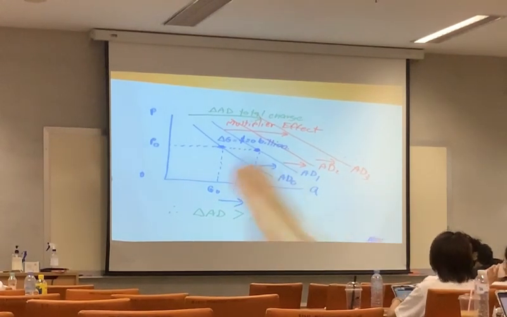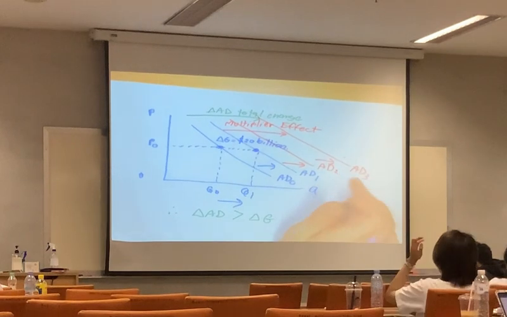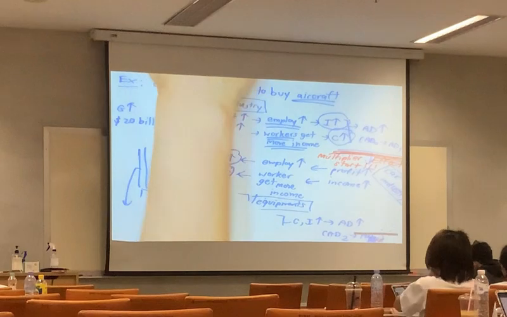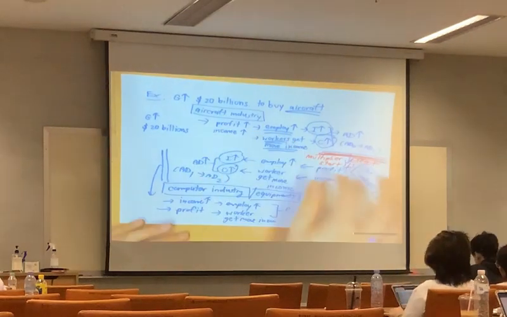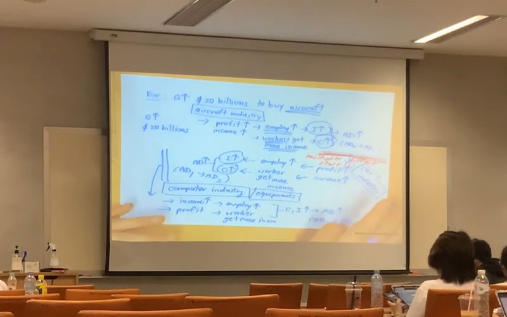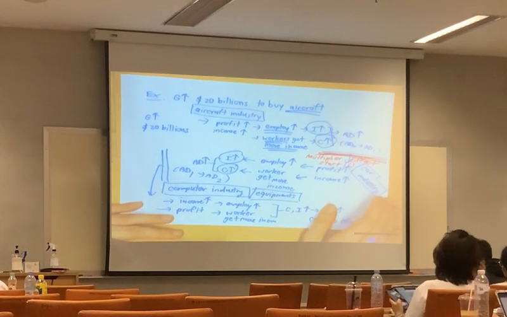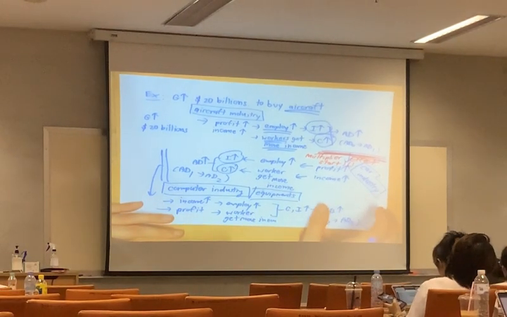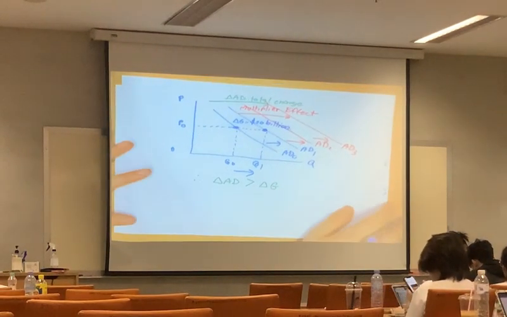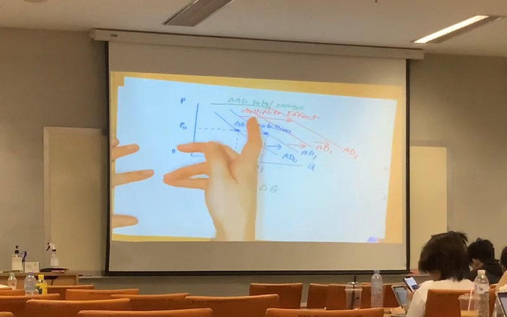But I just let you draw only AD3, and then explain just easy things, making about three examples of industry. That is for multiplier effects. That's all for the multiplier. It's quite easy because you just shift AD further and explain this thing to me.